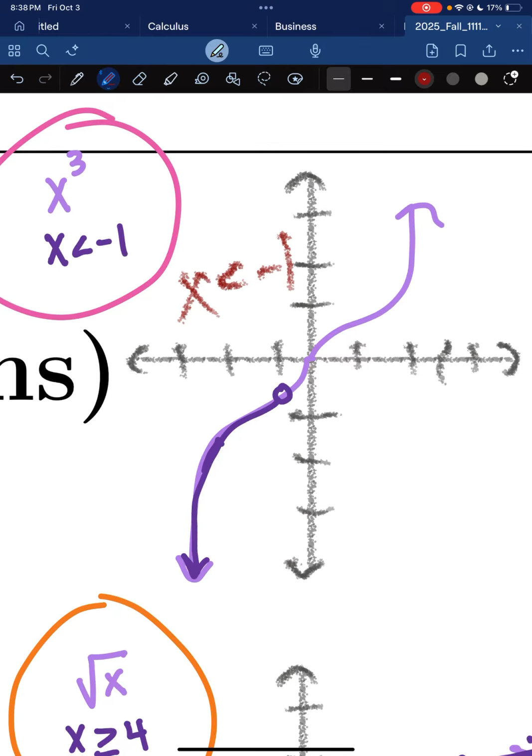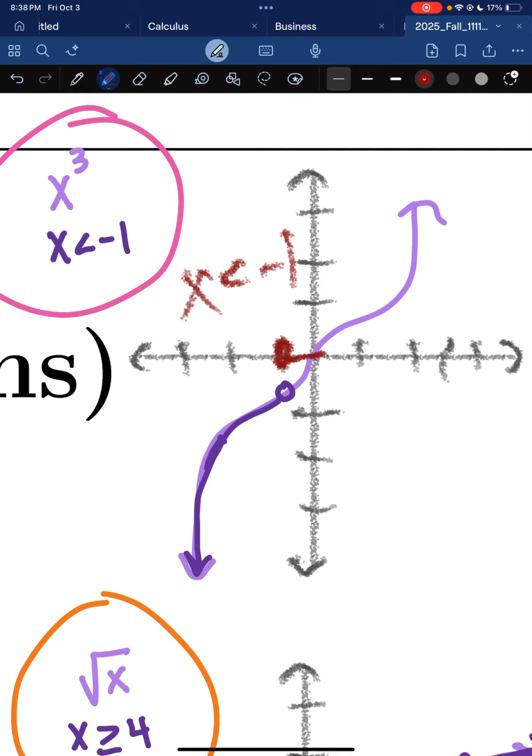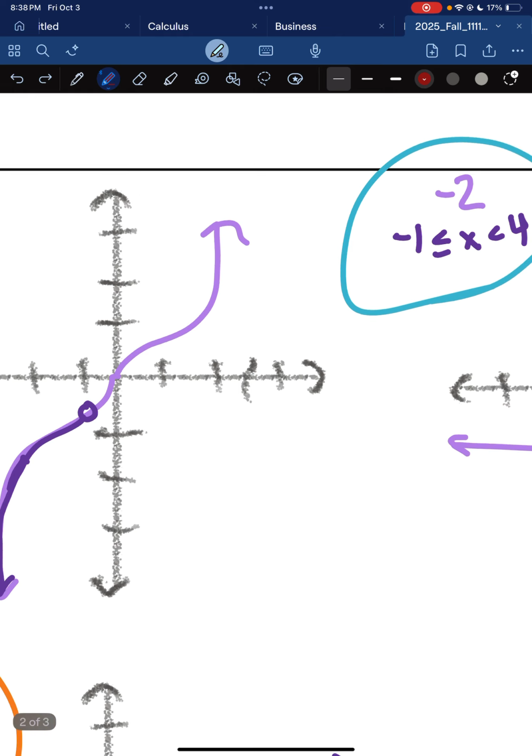So we find negative 1 on the graph, which is right here, and we go like that. So it's true when anything is like that. And it's an open dot because, as you can see from our inequality.